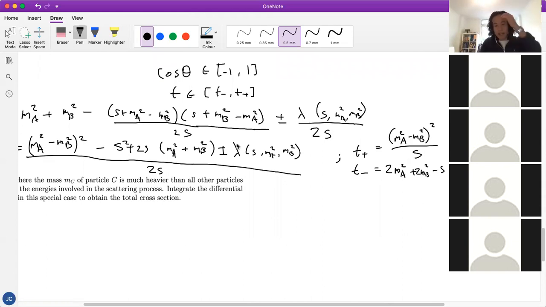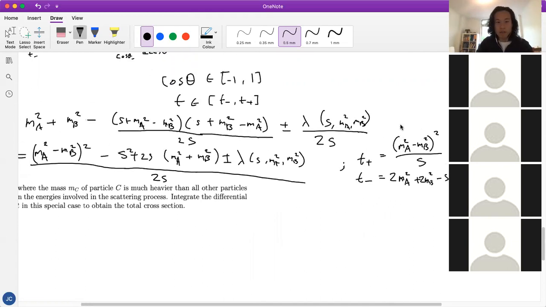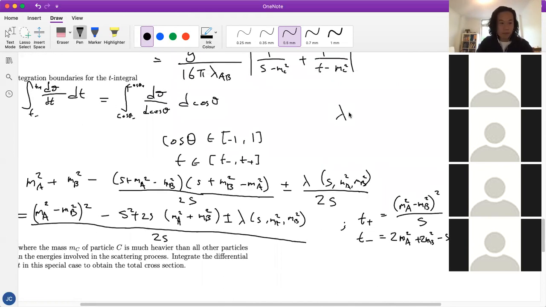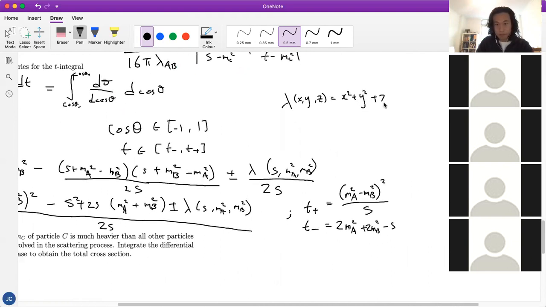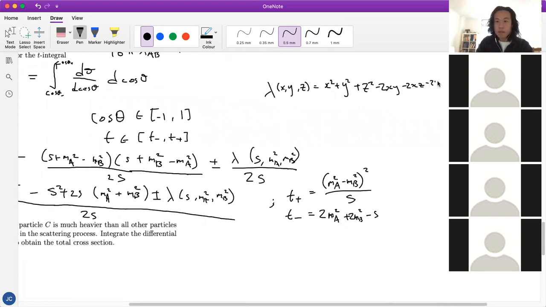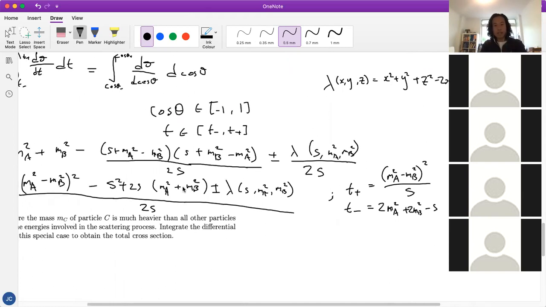So if you just pick the sign and expand out the full Källén function, and if you forgot what the Källén function is, lambda of x, y, z is defined as x squared plus y squared plus z squared minus 2xy minus 2xz minus 2yz. Then the terms will cancel out, and you're left with these two as your integration limits.